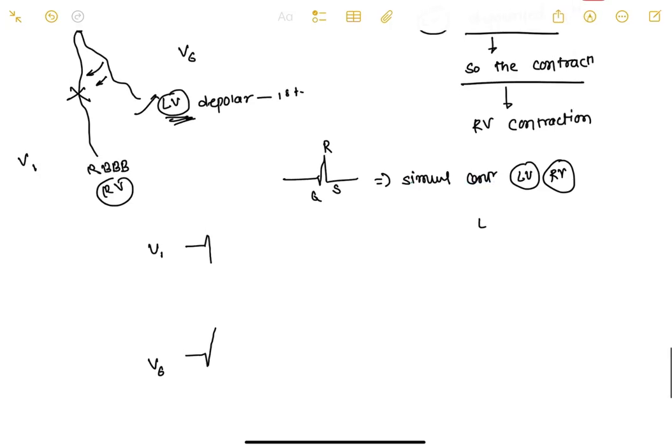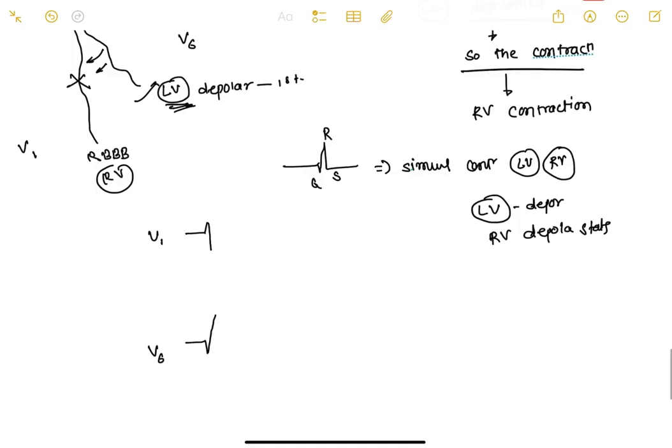Now after left ventricular depolarization, right ventricular depolarization starts, so the current flow is towards V1. So we will get positive in V1 and then this negative.